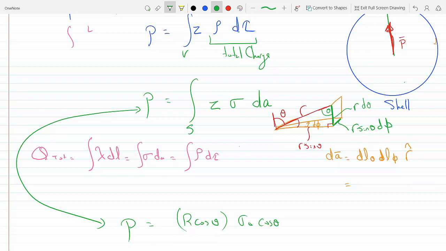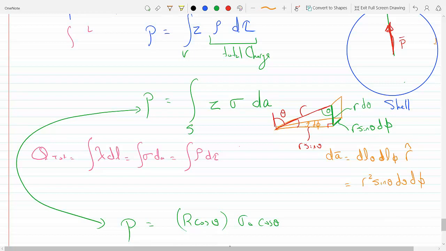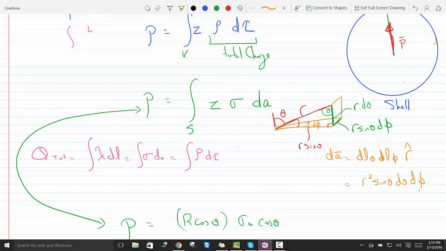When we multiply these two together, we get r squared sine theta d theta d phi. There's two r's and a sine, yeah, d theta d phi. And this is in the r direction, so r.